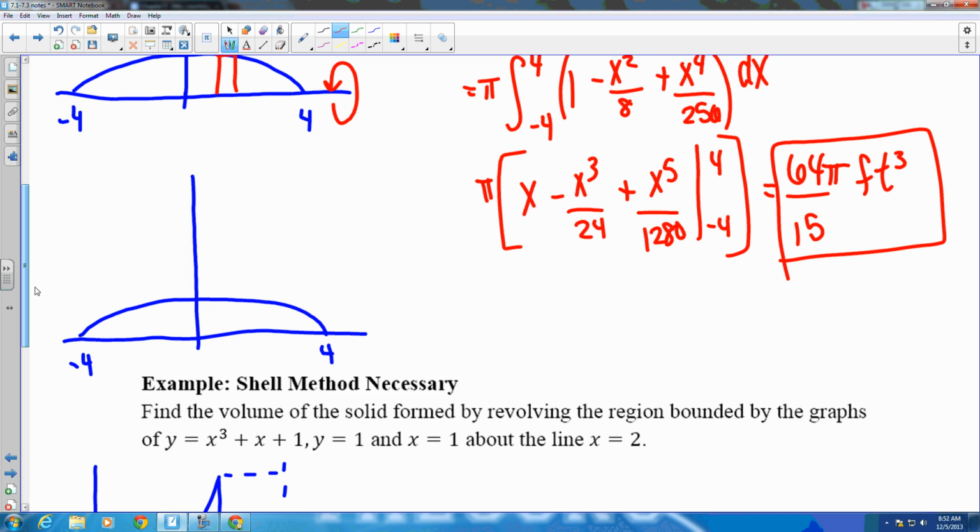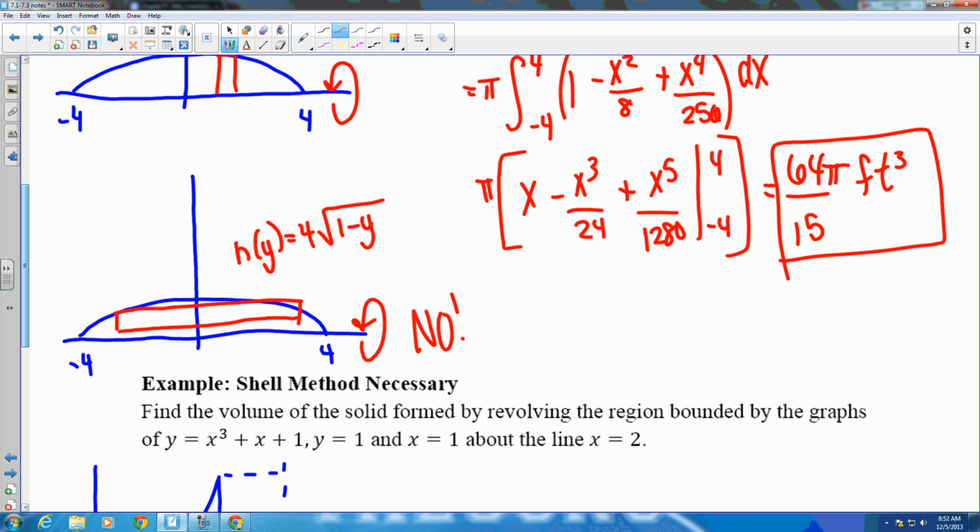We would need to find a rectangle. It would have to be parallel to your axis of revolution. And you need to change the function into terms of y's. And we can already tell that we don't want to do the shell method. Shell method is difficult on this one, so we would obviously use the disk, which was just fine.